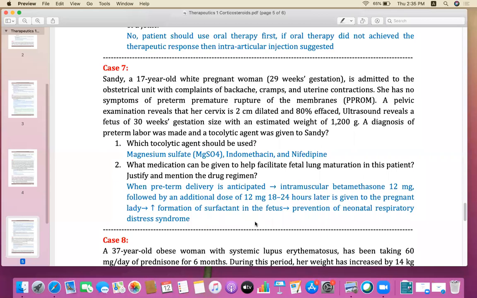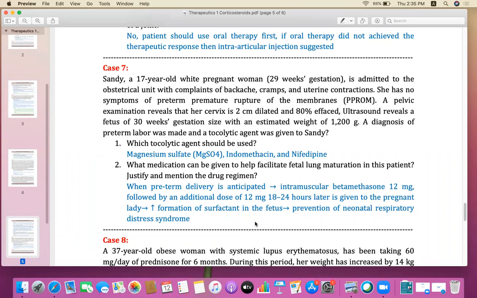These are the drugs which prevent premature or preterm labor, and generally used are magnesium sulfate, indomethacin, and nifedipine. Indomethacin is an NSAID and nifedipine is a calcium channel blocker. This is not our specific objective.